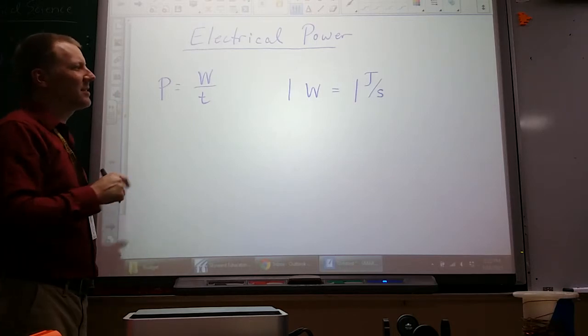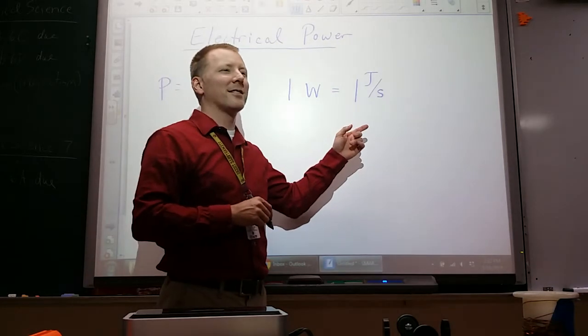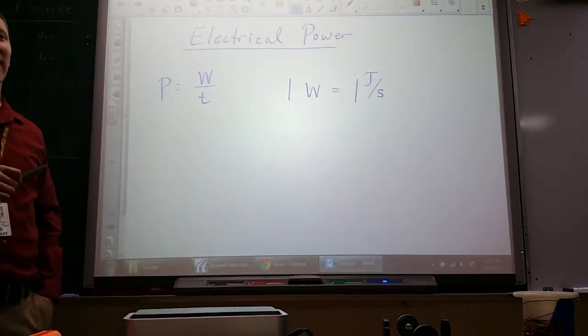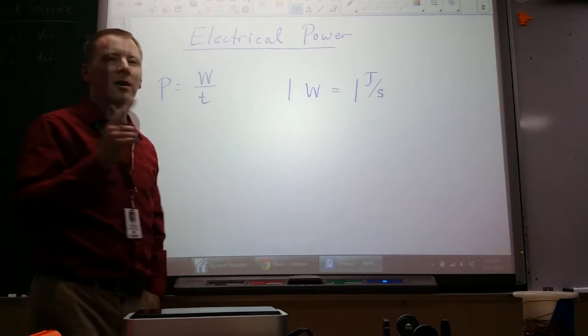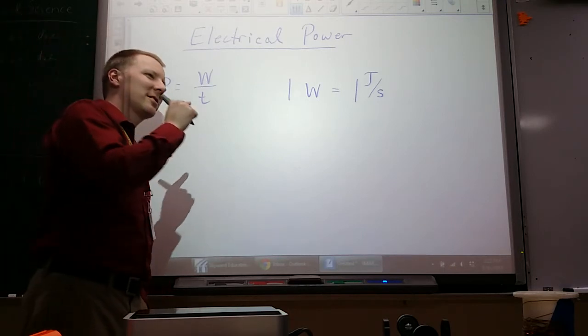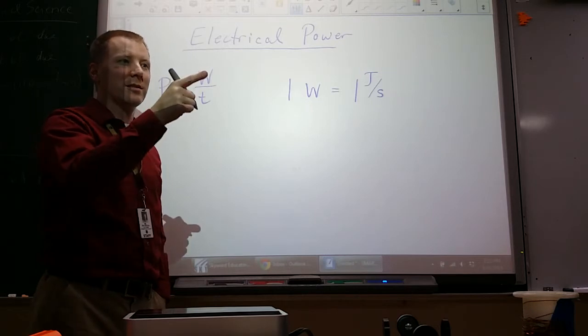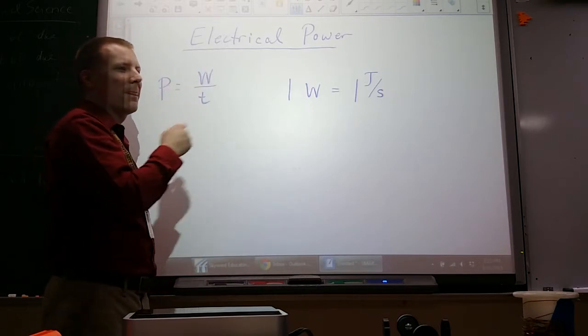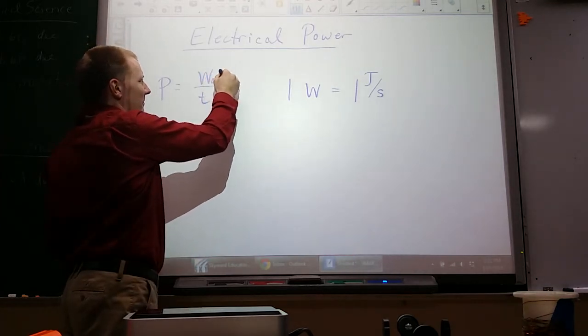So the way that we can see this, we've got joules per second up here. We've also come across those units with some of our other characteristics, namely, which of the electrical characteristics involve joules? The one to the left, is that power equals watts divided by time? Work over time. Okay.